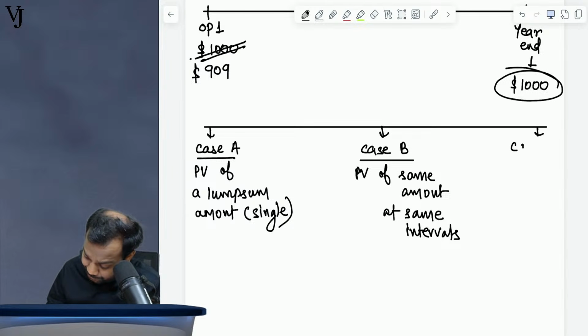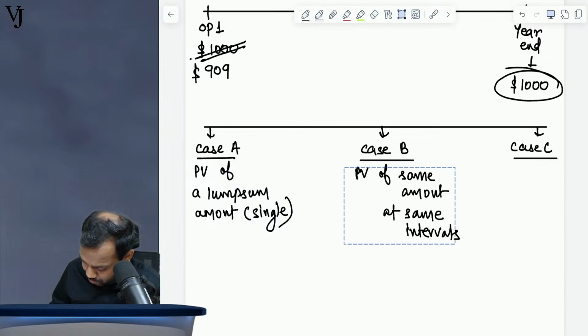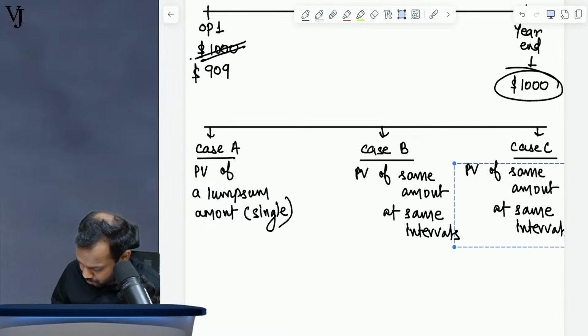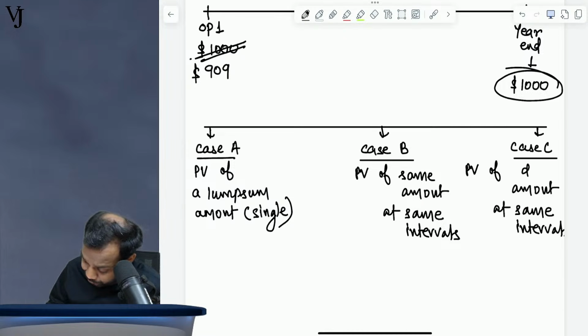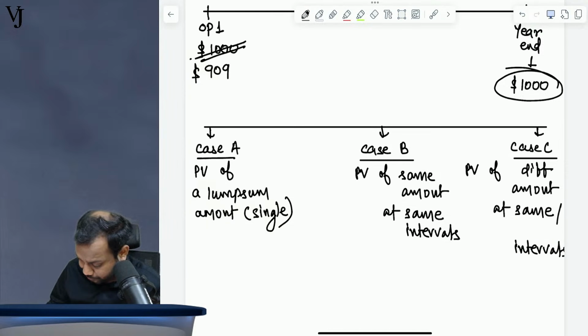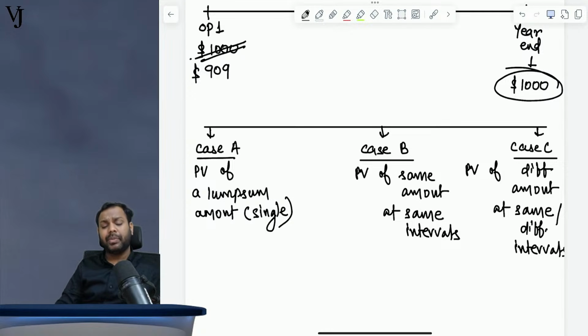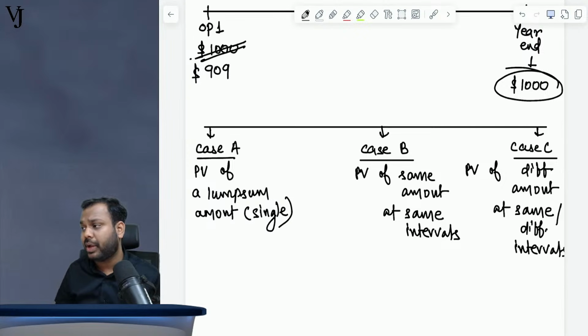Case C, present value of different amounts at same or different intervals. Let me explain how to calculate the present value in each of these scenarios.